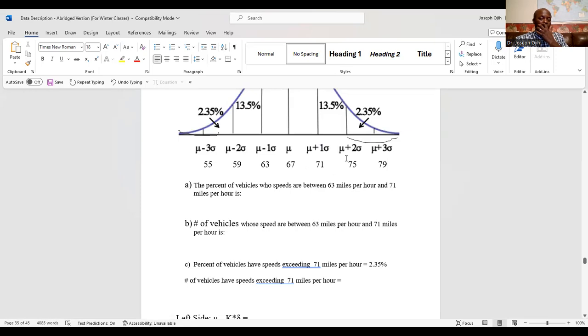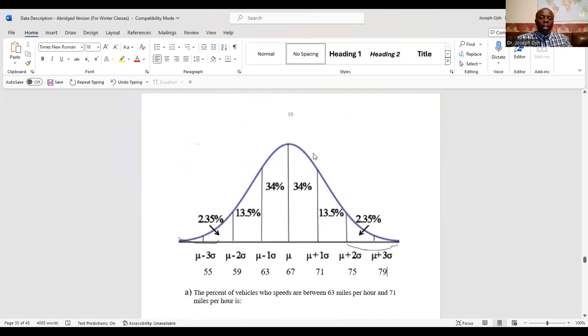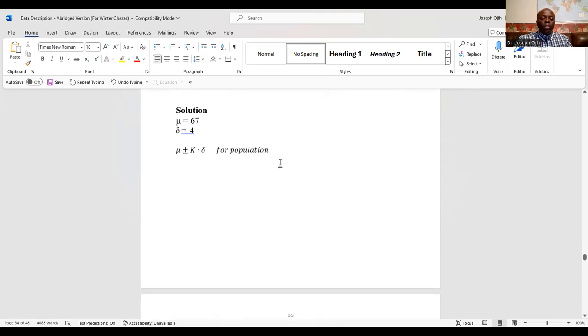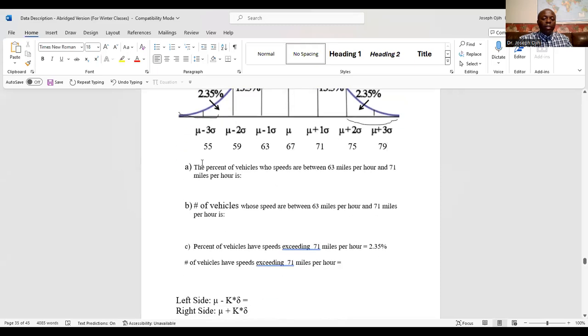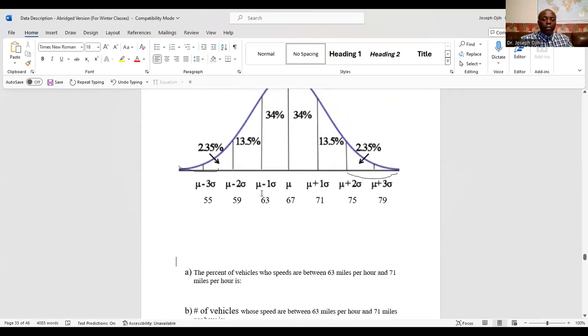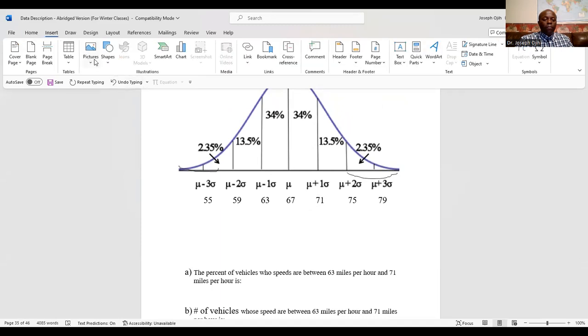Once you get these values, you can answer the first, second, and third questions. The first question says, estimate the percent of vehicles whose speeds are between 63 miles per hour and 71 miles per hour. You can see 63 right here, and you can see 71 here. What we are looking for is the percent of vehicles whose speeds are between 63 and 71.